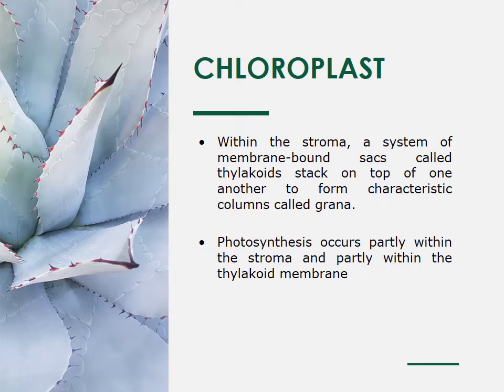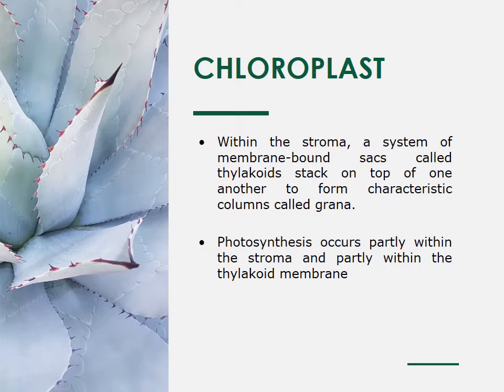So don't forget, the stroma is a semi-liquid material, while when thylakoid membranes stack together they form the grana. And photosynthesis partly occurs within the stroma and partly within the thylakoid membrane.